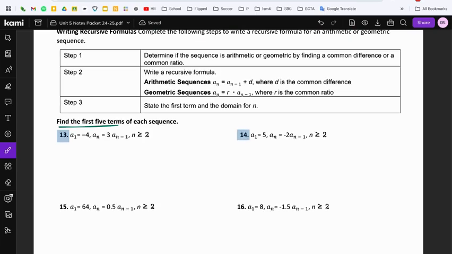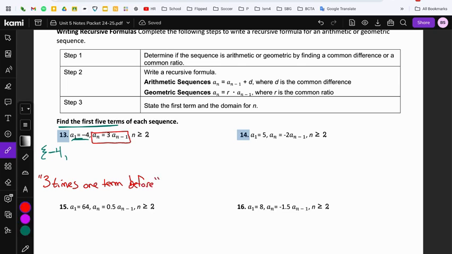So we're finding the first 5 terms of a sequence, and guess what? We were given the first term. That's negative 4. So now I need to find the next 4 terms. But I also can just read my rule right here and say, look, what is this saying? This is saying 3 times the term before. So to find my second term, I'm going to take my first term and multiply by 3, and I get negative 12.